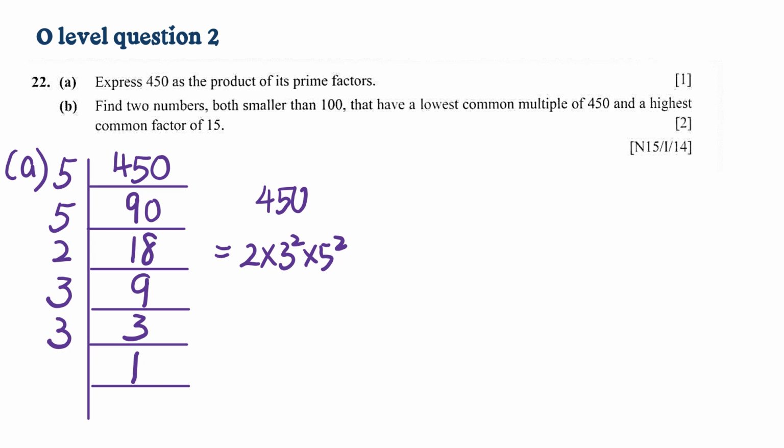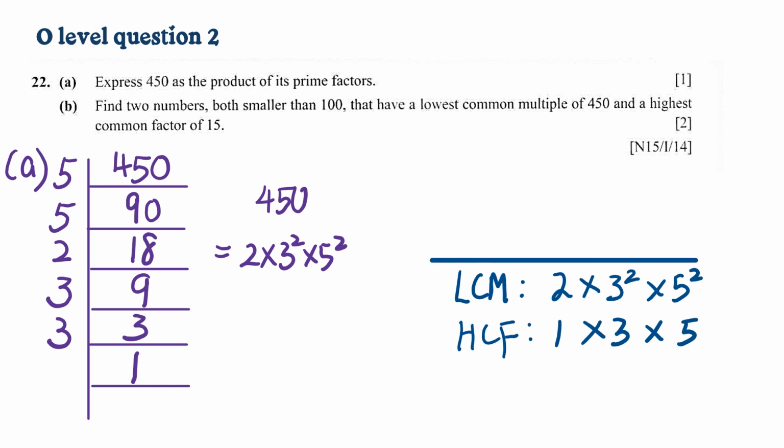For part B, the method is the same as what we've done earlier, except that the two numbers here must be smaller than 100. Let's write down the LCM and the HCF first. If you look at the HCF, I don't have 2 as a prime factor, therefore I replace it with 1. By replacing with 1, I do not change the value of the HCF. I still get 15, which is what is indicated here.